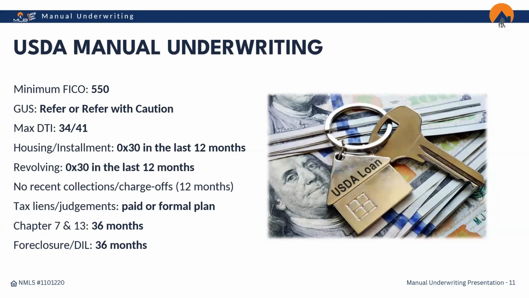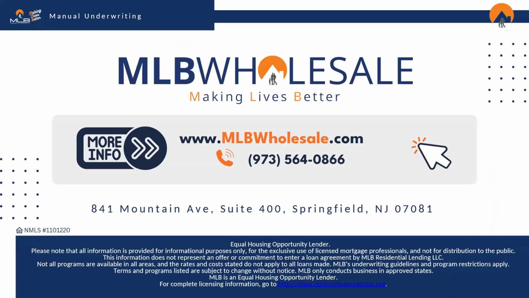So those are all the pieces there when it comes to all the different types of manual underwriting options that we offer here at MLB. Now, of course, if you guys have any questions based on what I discussed today, feel free to throw those into the chat box. Feel free to unmute yourself if you're comfortable. But the biggest thing I want you to take away today is that manual underwriting isn't just about risk.